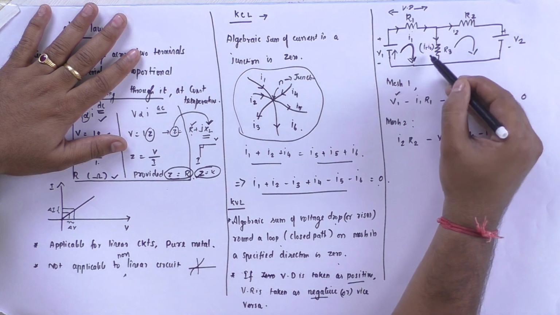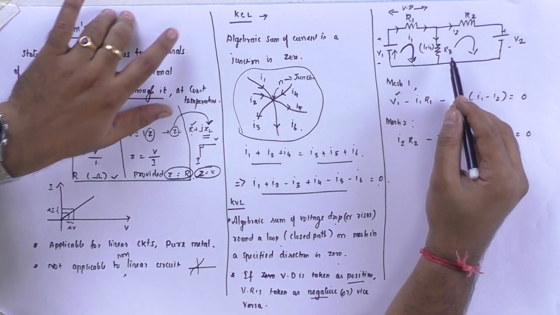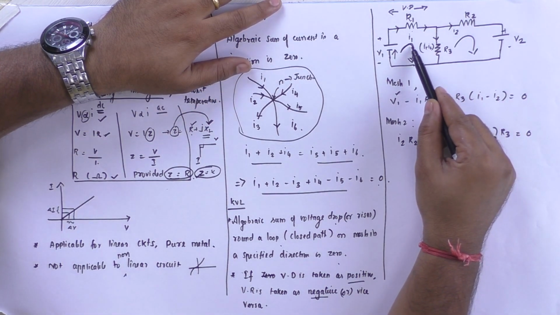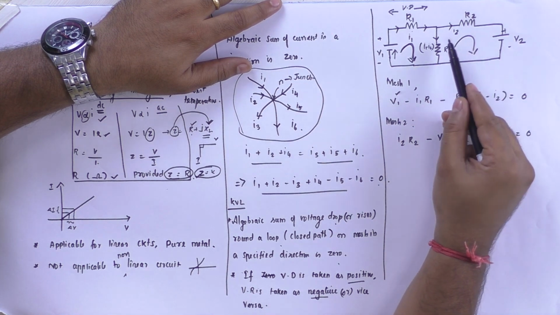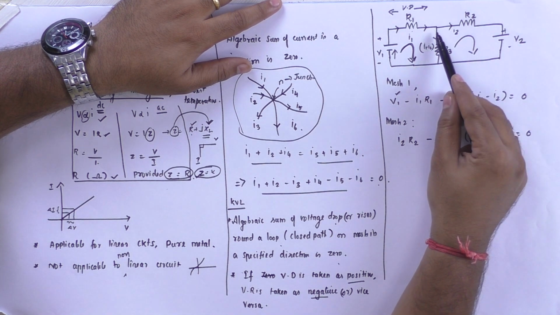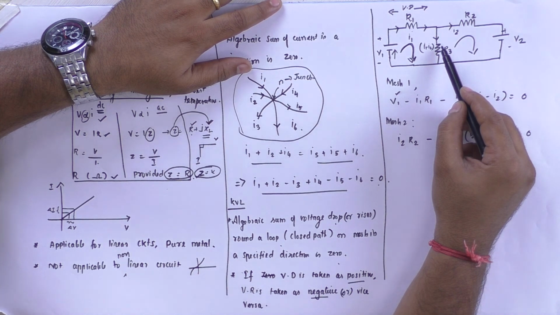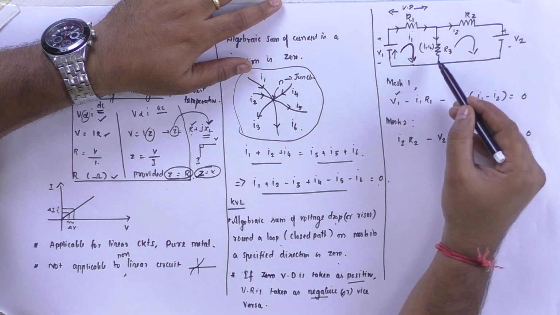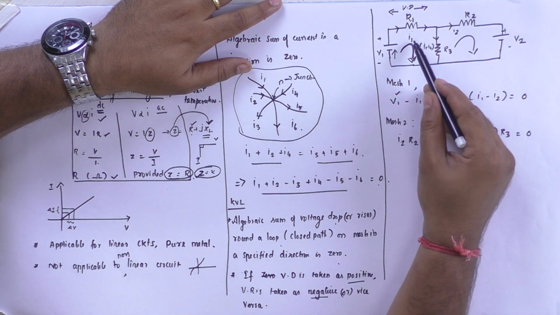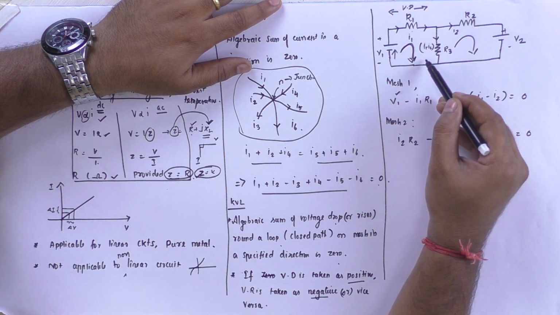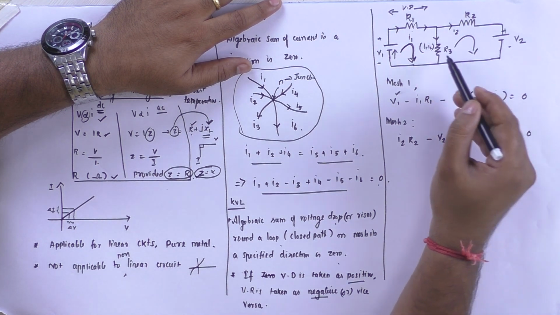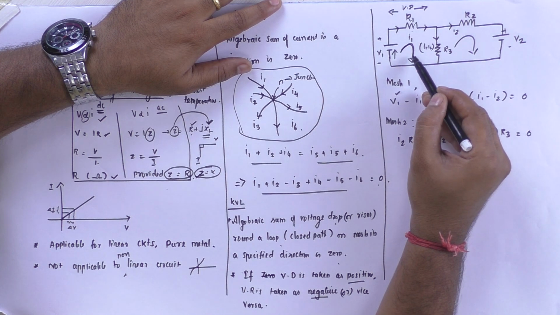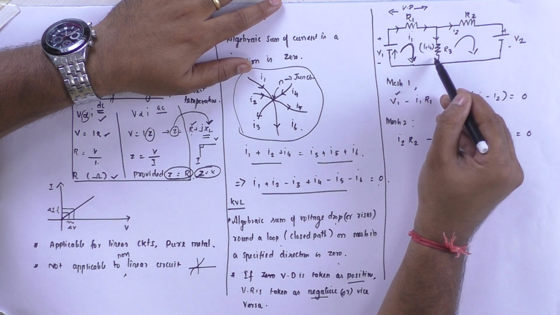Similarly, coming back to this branch R3, it is a common branch for both mesh 1 and mesh 2, and there is a possibility of both currents flowing through it, assuming the directions. So in that case, based on the majority, on solving mesh 1, I1 is said to be the majority current.